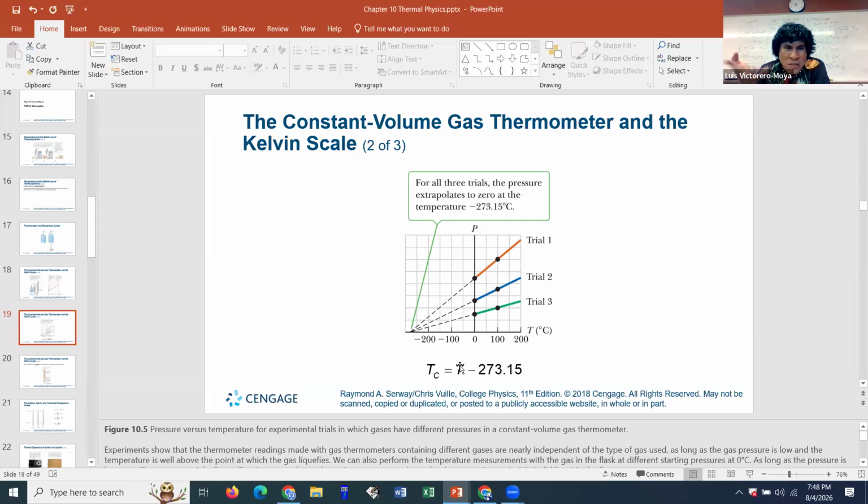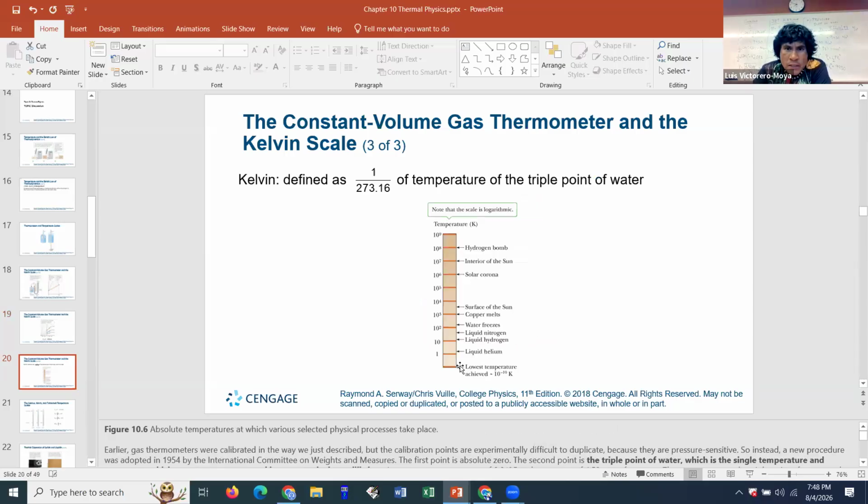All right. It's a simple explanation, but that's the logic behind it. So using temperature in kelvins, we can estimate temperatures of the frozen water, the surface of the sun, liquid hydrogen, liquid helium, right? In kelvins, it makes more sense.